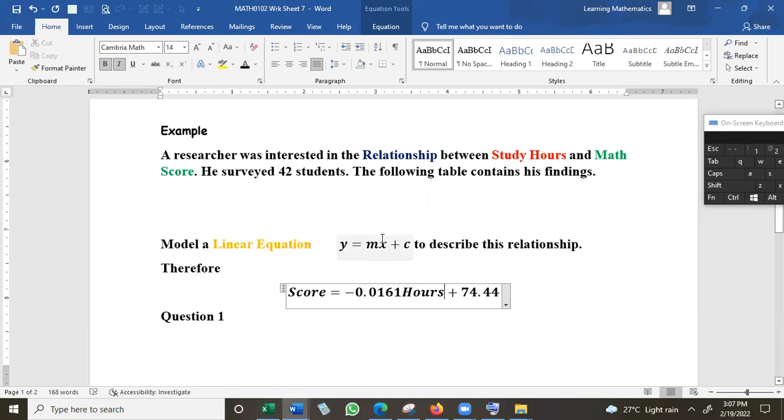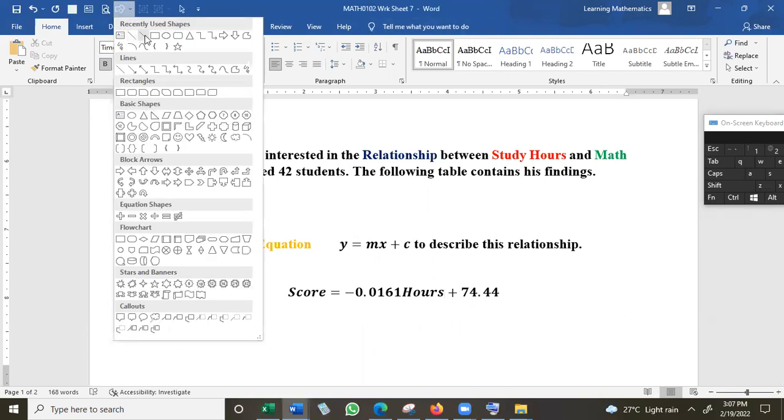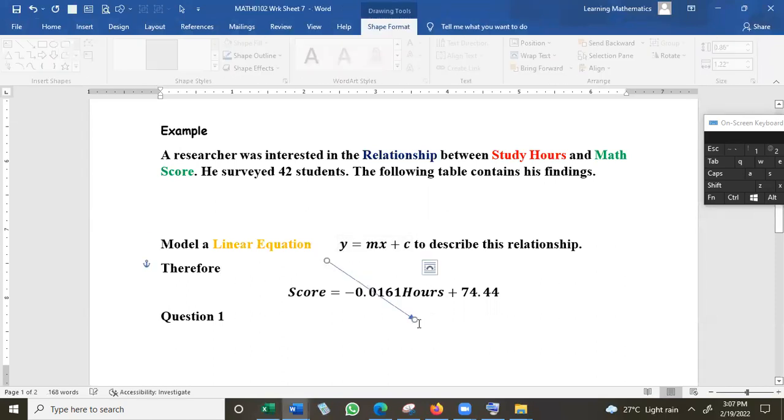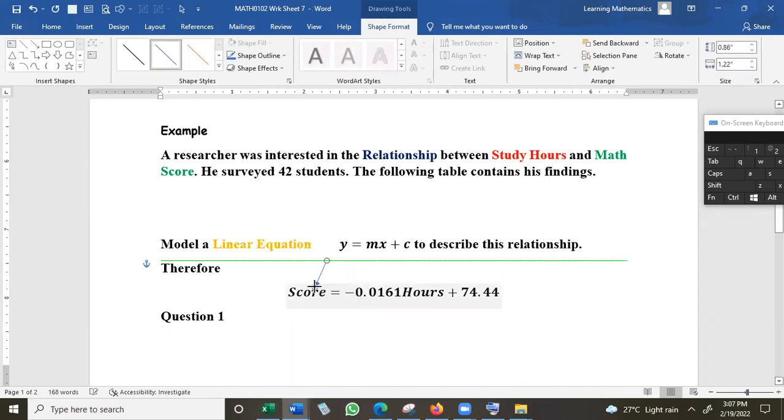Anytime you see X and Y, it means a potential variable in the real world. Okay, always bear that in mind. Anytime you see X and Y in a maths class, the Y is a potential variable. Here Y is for score, and X for hours of study.